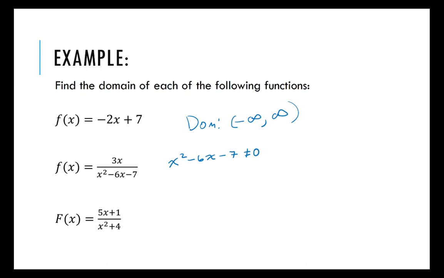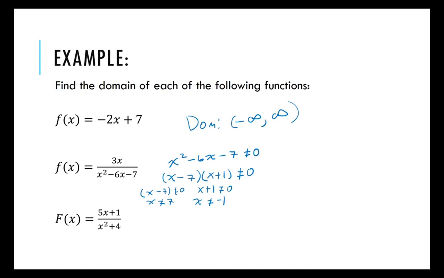X squared minus 6x minus 7 factors into x minus 7 times x plus 1. We know that can't equal 0. Then I use the zero product property, and that's going to be x minus 7 cannot equal 0. X plus 1 cannot equal 0. X cannot equal 7. X cannot equal negative 1.